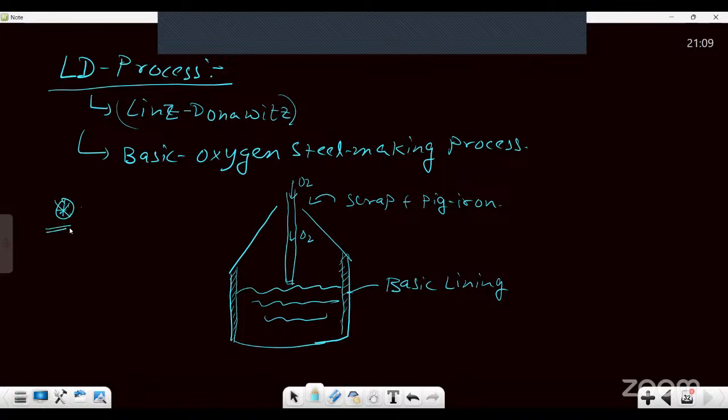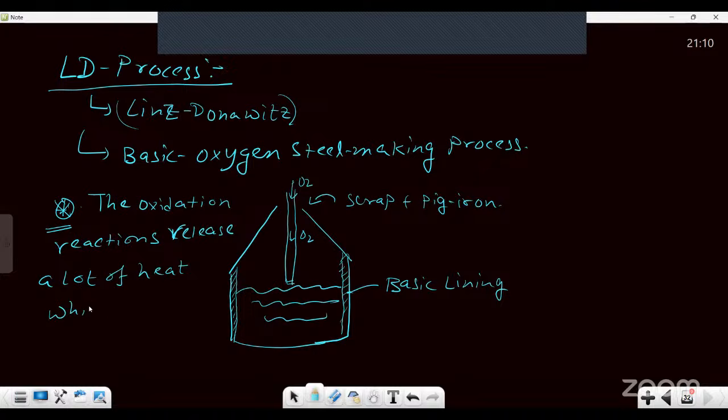So I think this is now quite clear what happens. The oxidation reactions release a lot of heat, which makes the process autogenous.